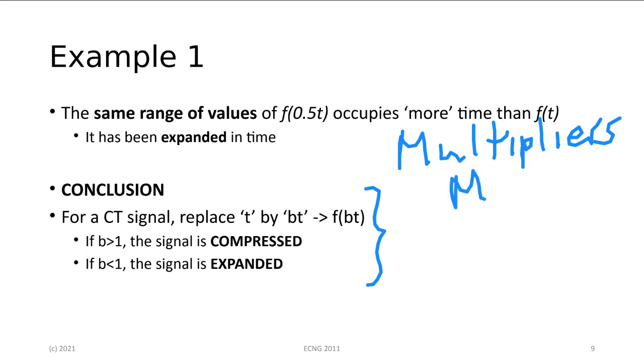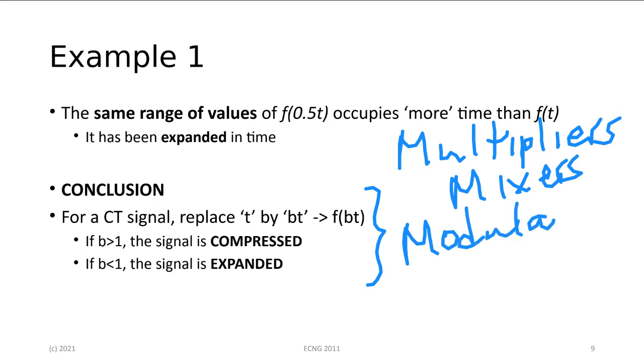In communication, you come across devices called mixers. And on top of that, you're going to learn about modulation. Modulation is a prime example of the way you can take t and replace it by bt.